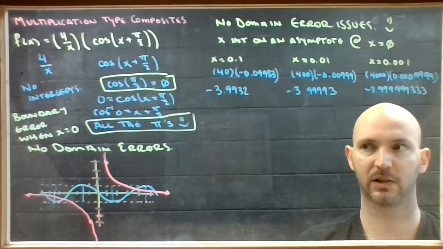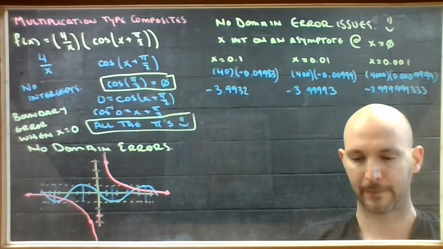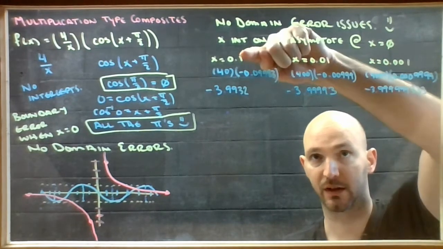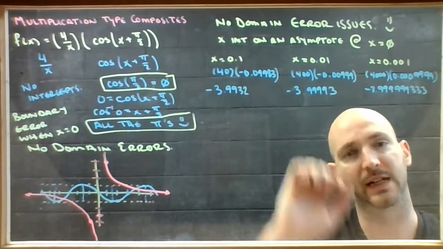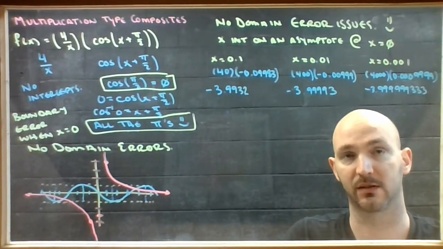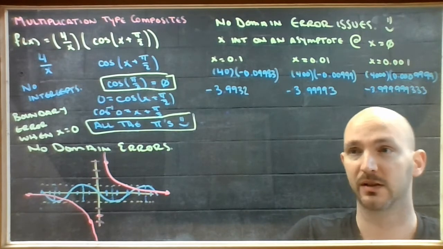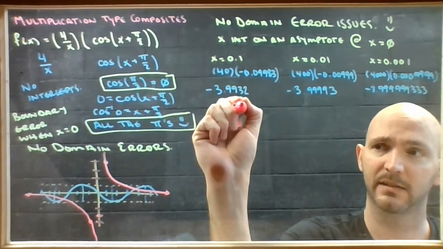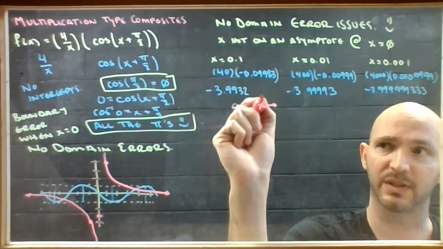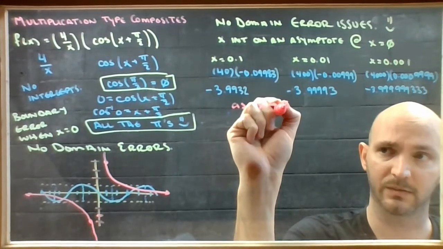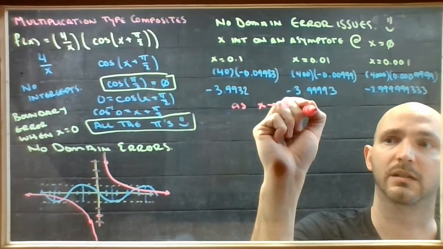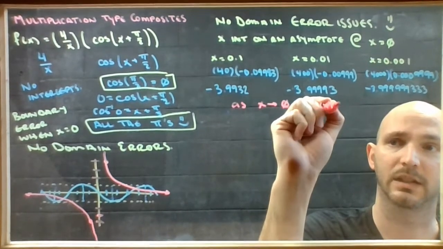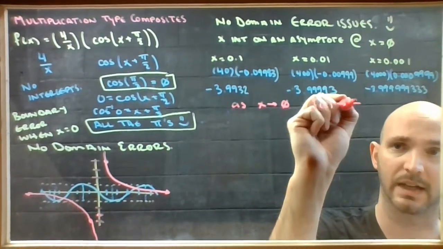So if I take a look at this, as my x values are getting closer and closer to 0, it looks like these numbers are getting ever closer to negative 4. So as x approaches 0, this function is approaching negative 4.